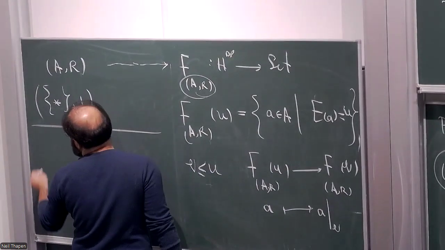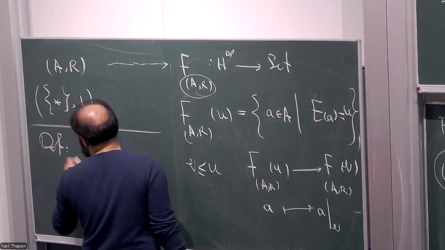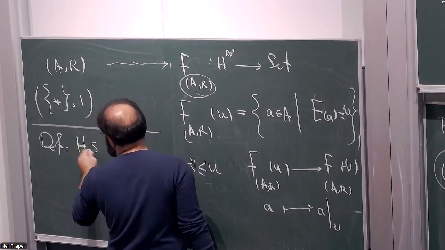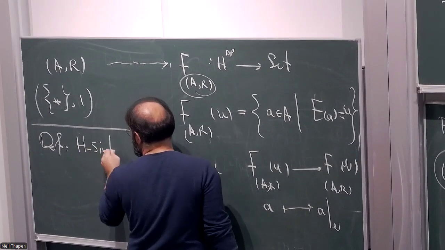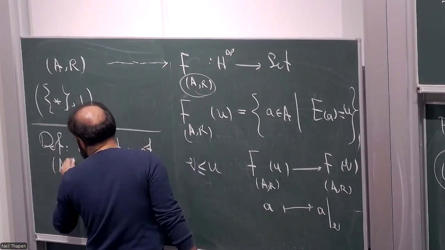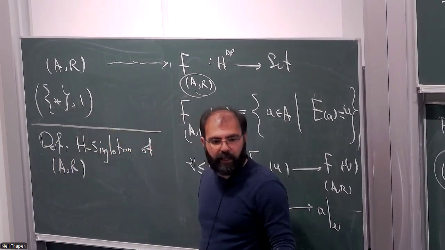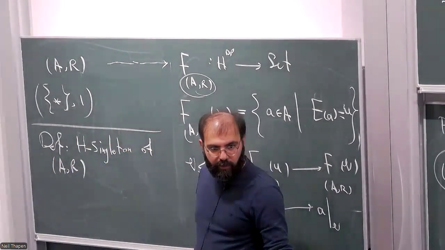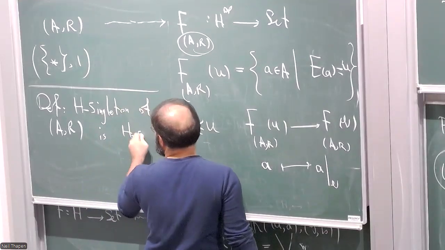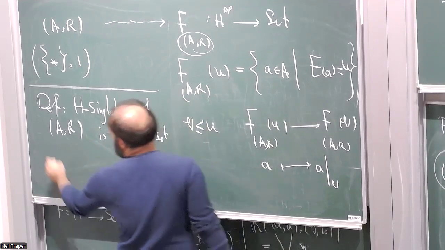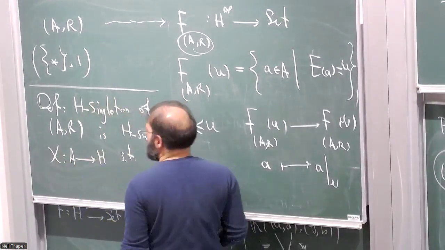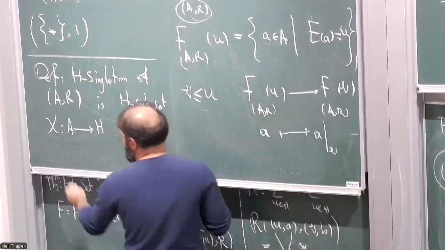And that specific thing is this. First definition: we had H subset, let's call it H singleton of AR. What is a singleton? It's a subset with one element, right? So it is an H subset chi from A to H such that it is a singleton.